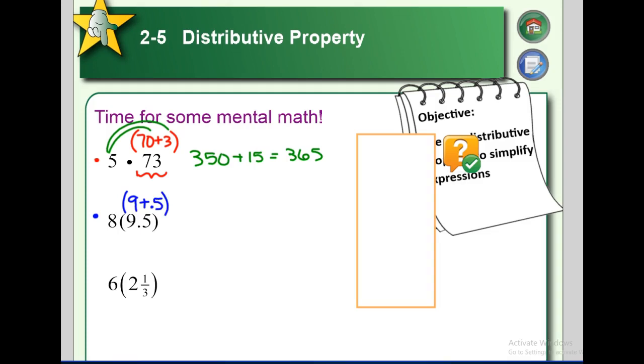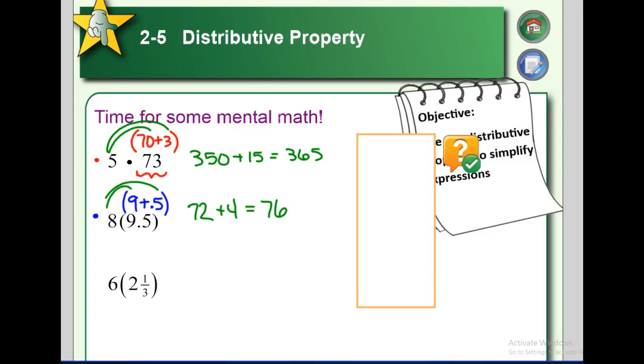What's 8 times 9? 72. And then 8 times 0.5. Yeah, 0.5 is half. So what's half of 8? And everybody's going to say 4. So that's pretty easy to do in my head, and I just get 76.